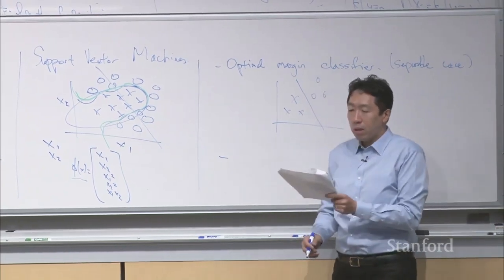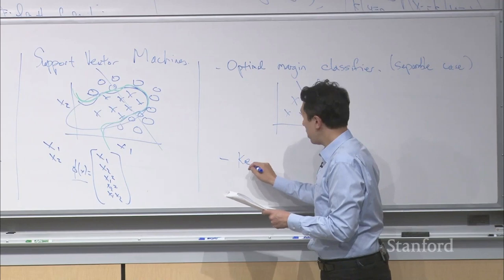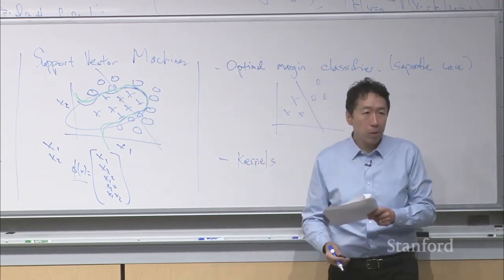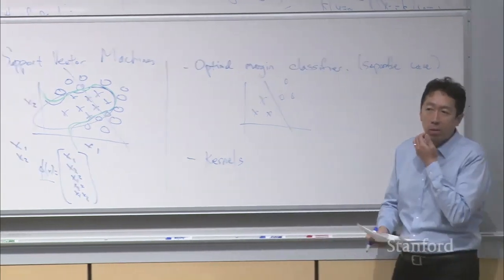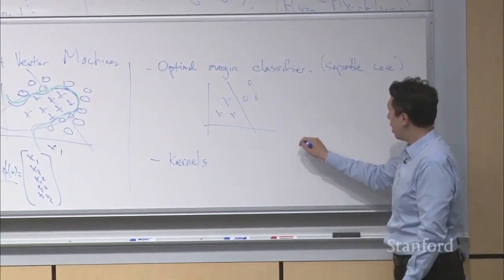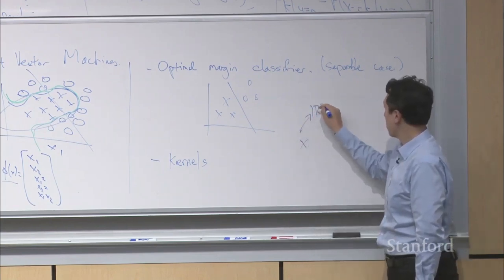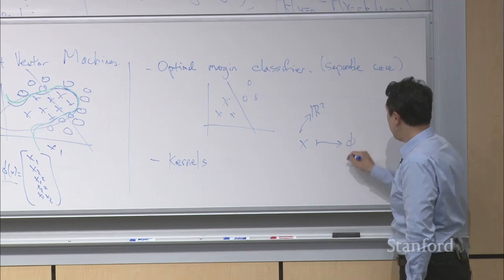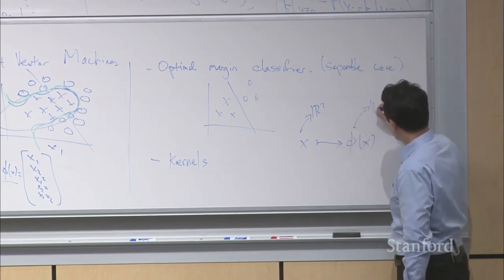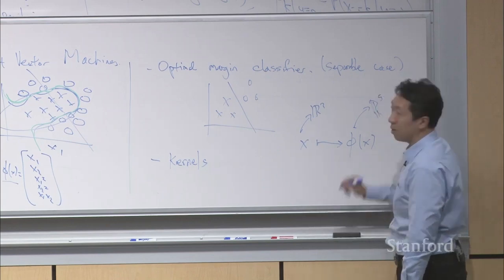And then what you see next Monday is an idea called kernels. The kernel idea is one of the most powerful ideas in machine learning: how do you take a feature vector x, maybe this is R2, right, and map it to a much higher dimensional set of features. In our example there, that was R5, right?